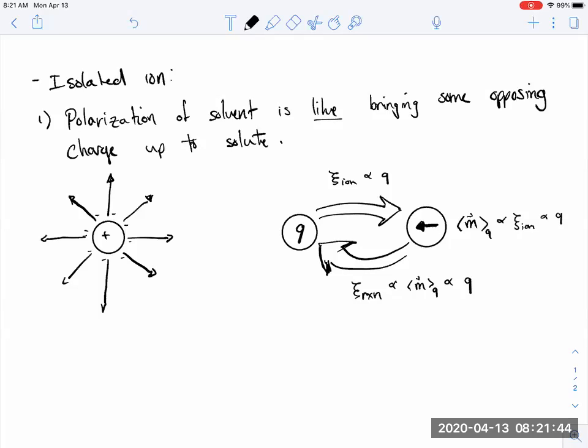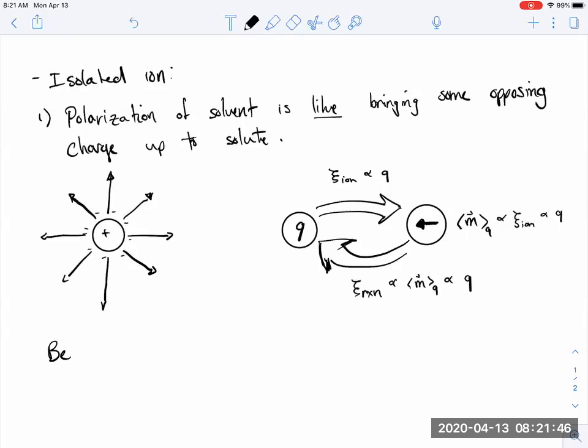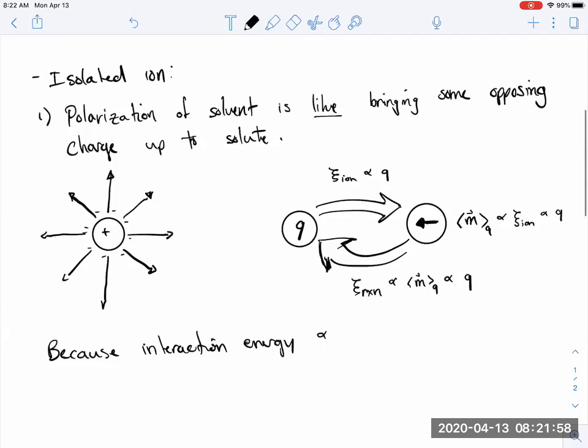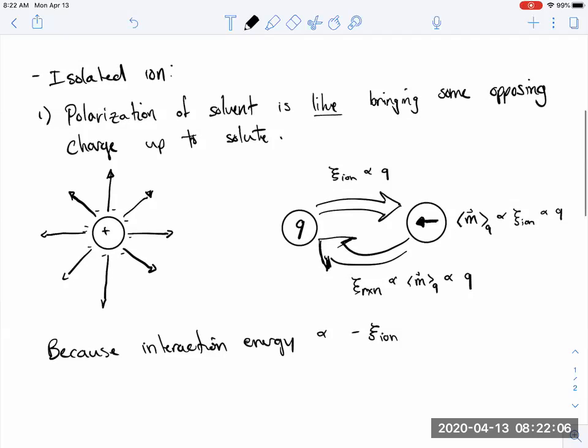Because the interaction energy of a charge and a dipole can be written as minus the field the charge generates dotted into that dipole.